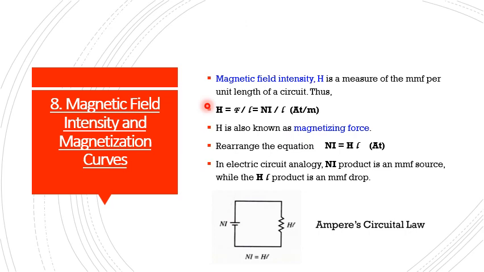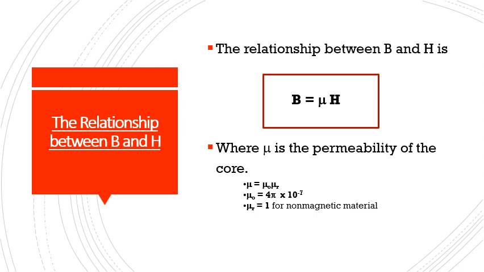And for the series circuit, the voltage source equals the voltage drop. Now we see the relationship between B and H. The relationship is B equal to mu H. Mu is the permeability.